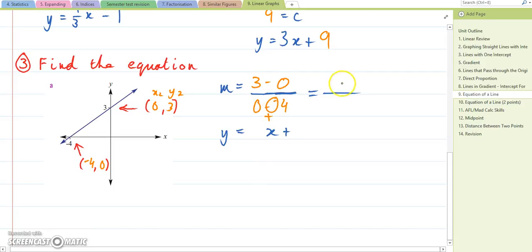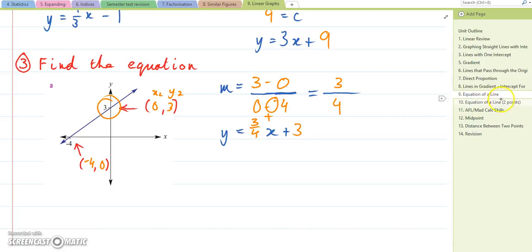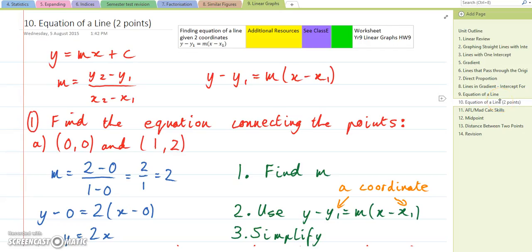That's a positive, giving us 3 over 4, and we can just leave it in that form. Because we have the y-intercept, we can just do plus 3 for our c value. There's a slightly different way that this can be done.